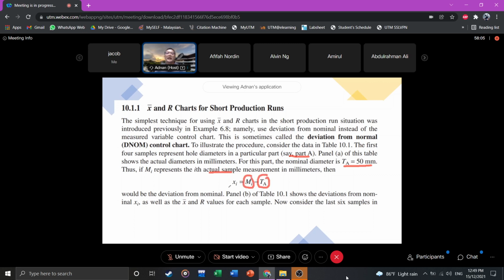So we get the Xi, and the deviation is how we collect it, as I discussed just now. This value is the deviation, what we call DNOM, deviation from nominal value.